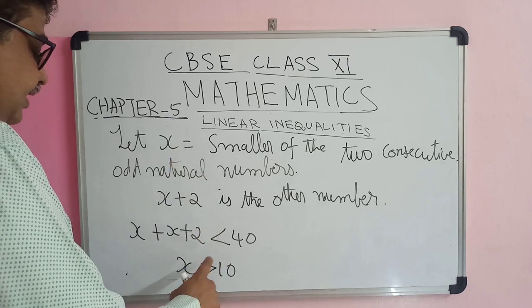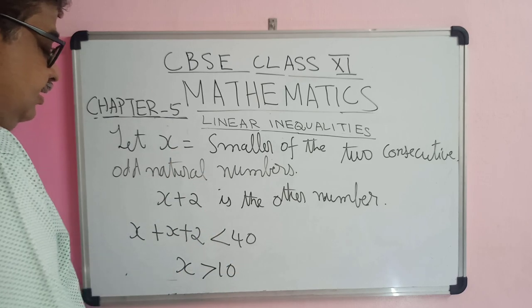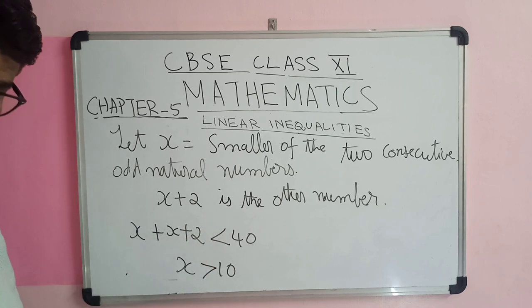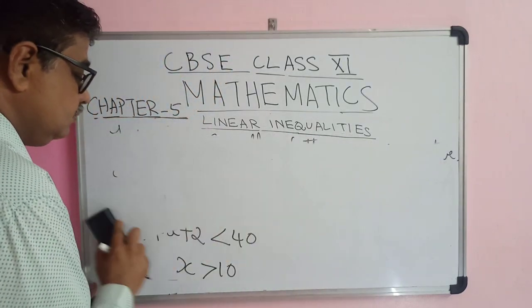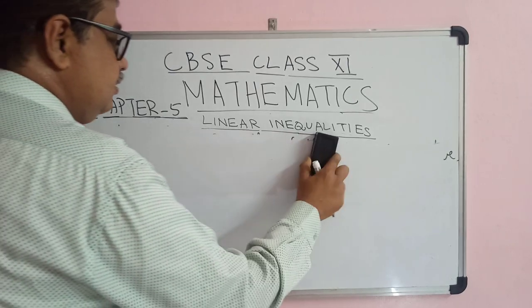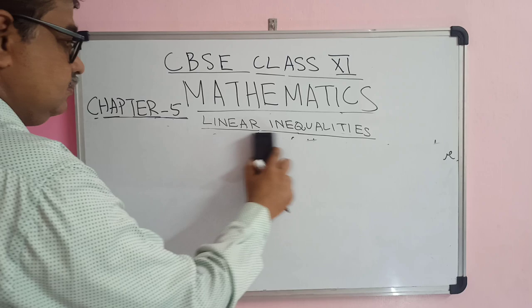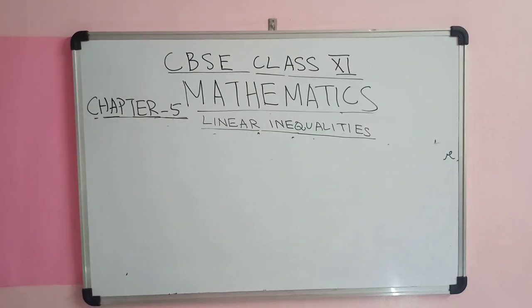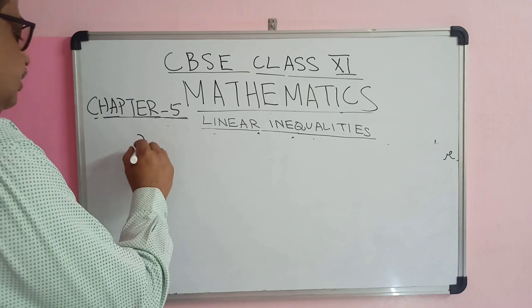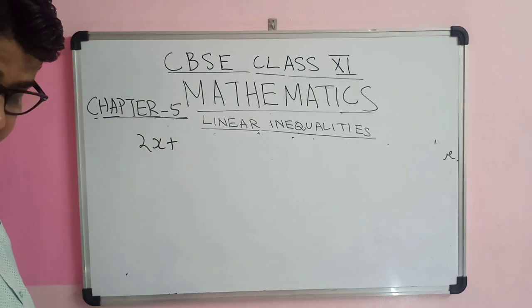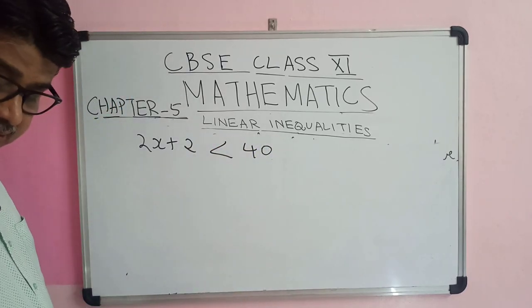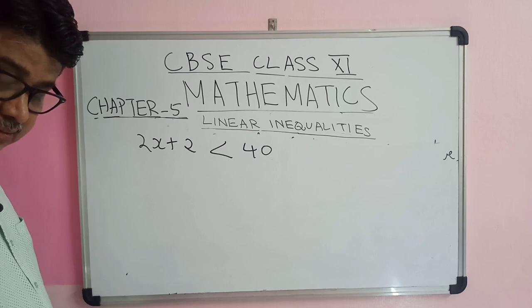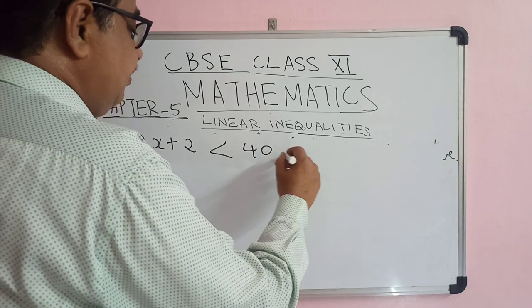Therefore, x should be greater than 10. Their sum should be less than 40. So 2x plus 2 less than 40, call this equation 2.